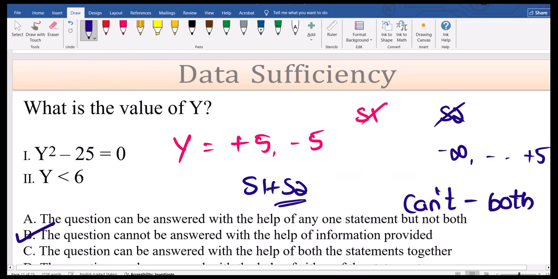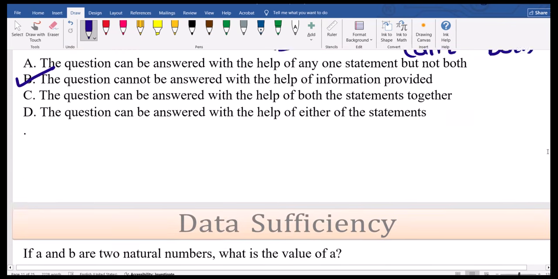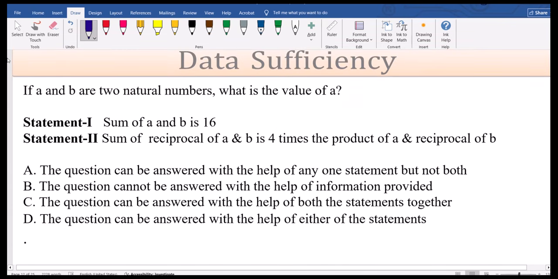Then we say this is not correct. We don't have exact relationship. So the same reason. Y is either 5 or minus 5, two answers. I want only one answer. So not possible, put together also not possible. So please keep in mind that I'm sure many will go with one alone. That's what the problem. Now what about this question?